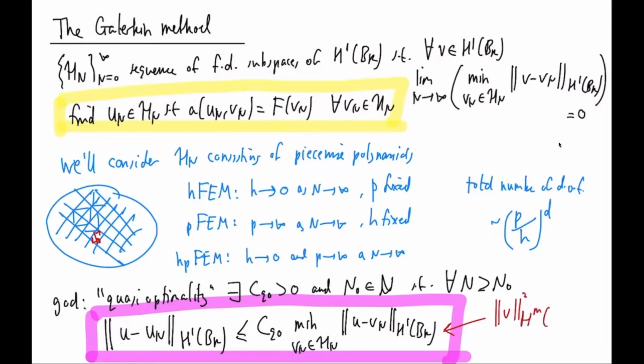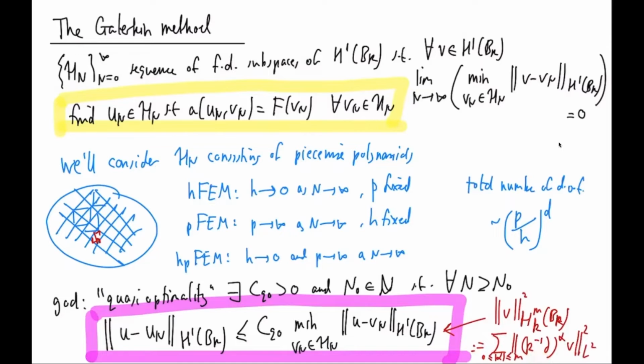I'm going to write the HM norm on BR, weighted by K. It's just the standard HM norm, but now I weight all derivatives by K. I'm running out of space here. Okay, you just take the standard definition of the HM norm, and then you shove in a K inverse every time you take a derivative.